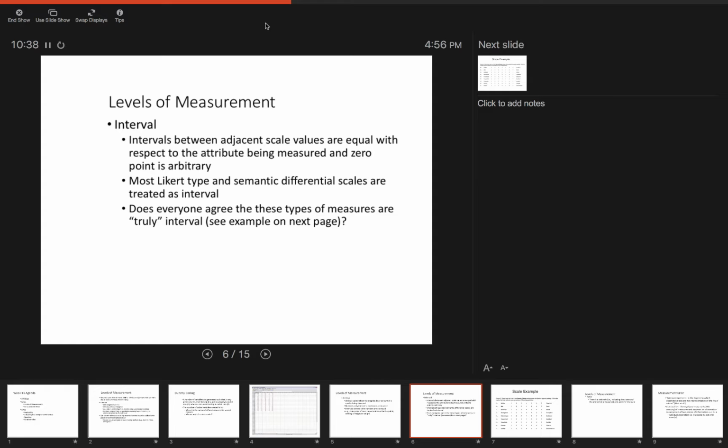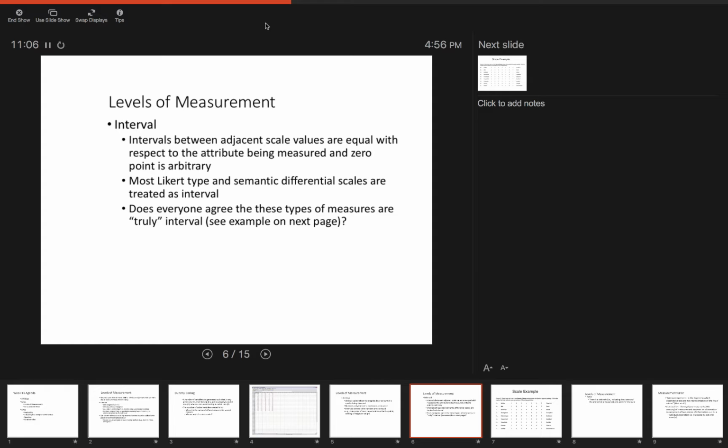That's a prerequisite. What are the data assumptions for doing multiple regression? One of the assumptions is that the dependent variable is measured at an interval or ratio level, not ordinal.